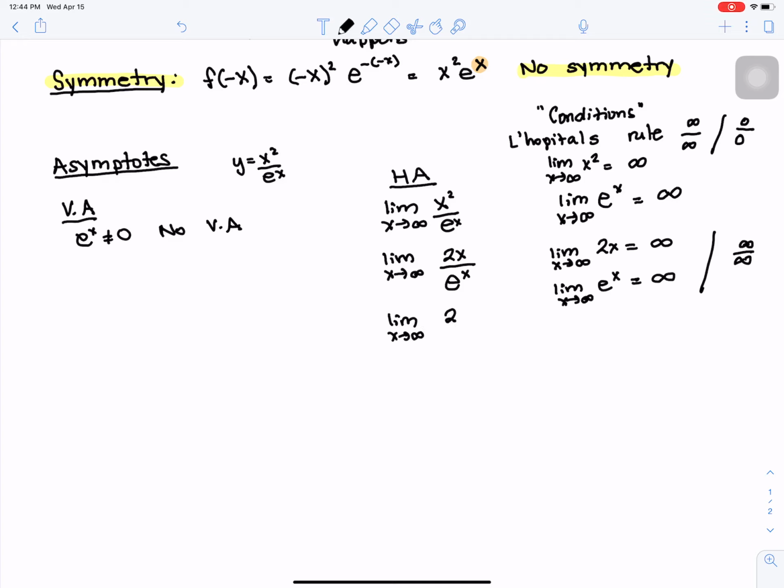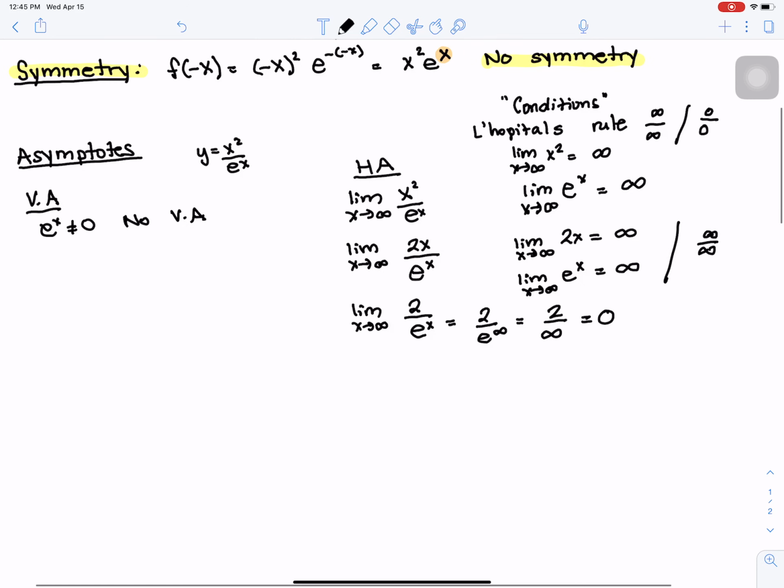Take the derivative of the top, take the derivative of the bottom. Now here you're not doing quotient rule or chain rule or product rule unless it shows up, but we're doing the derivative of the top, the derivative of the bottom separately. And now I'm going to try to evaluate the limit. This would be 2 over e to the infinity, which is 2 over a large number, which will tend to 0.